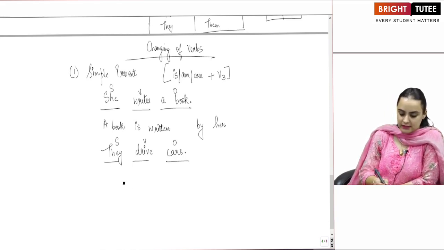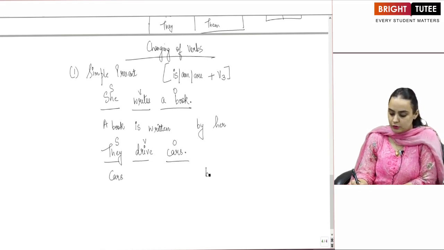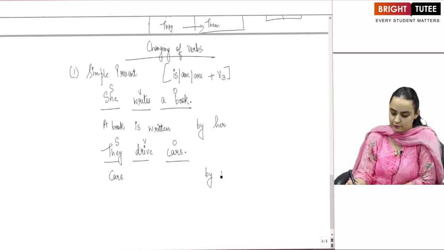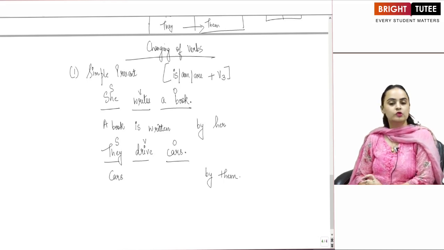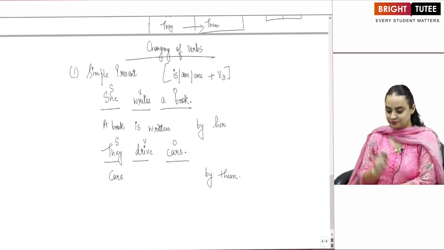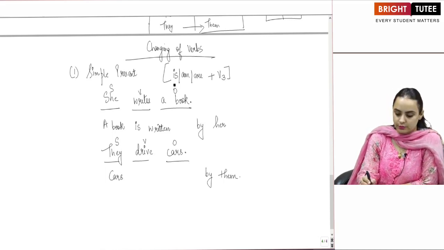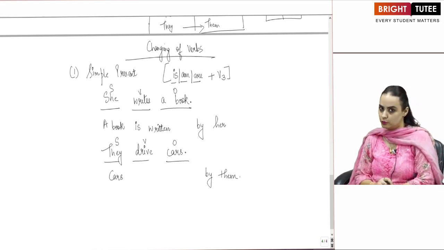Object becomes my subject, so cars is my new subject now. They becomes my object, so they changes to them and we have to add by before it. How to change drive now? Now, like I told you, the rule is one of the helping verbs, either is, am or are, is to be used plus the third form of the verb.